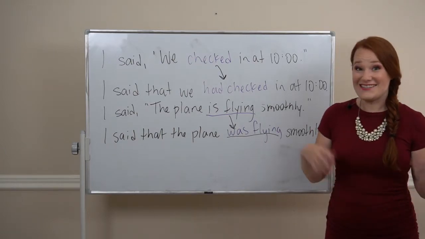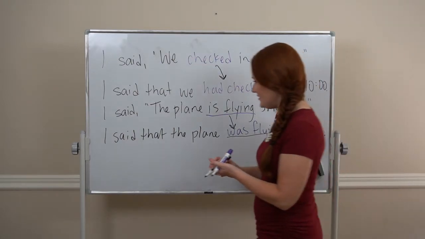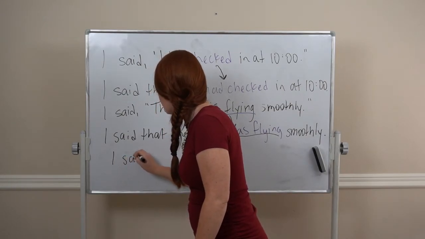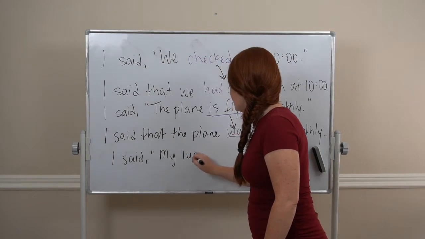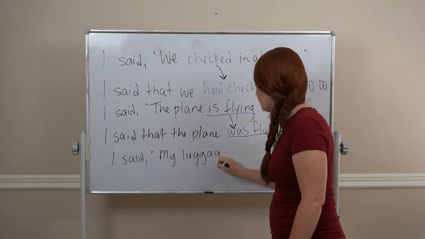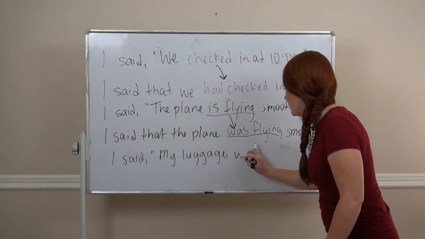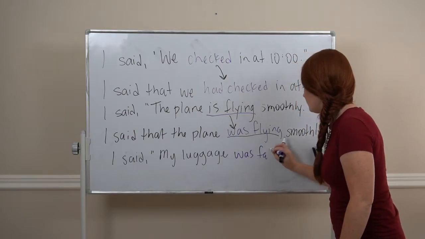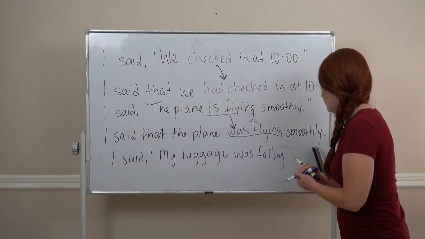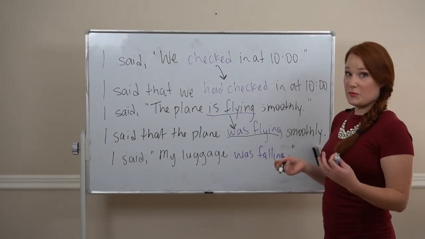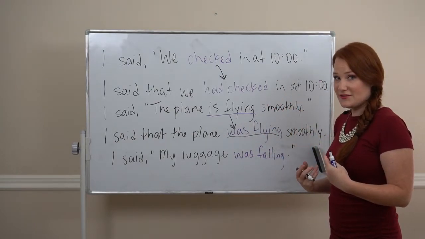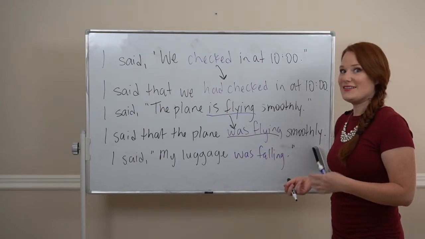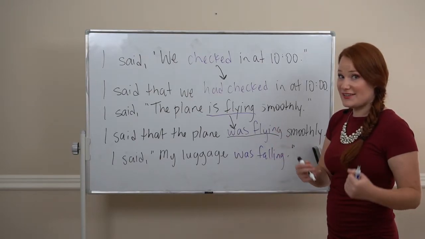And if our sentence is already in past continuous, I said my luggage was falling. For reported speech, one step before past progressive, past continuous, is going to be past perfect continuous.